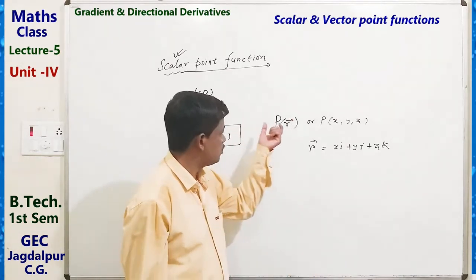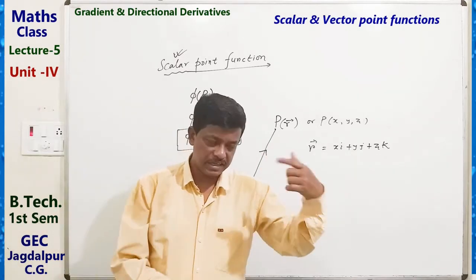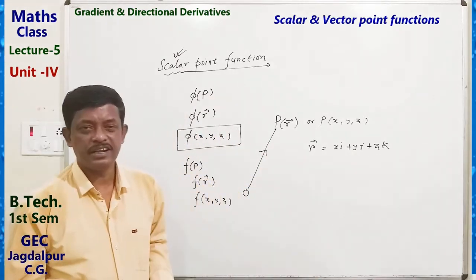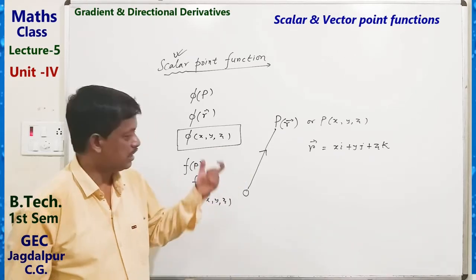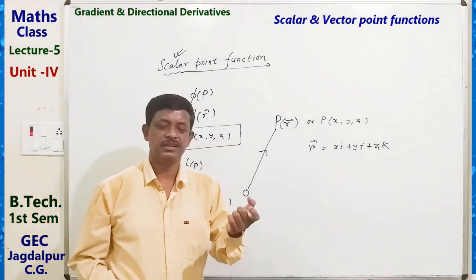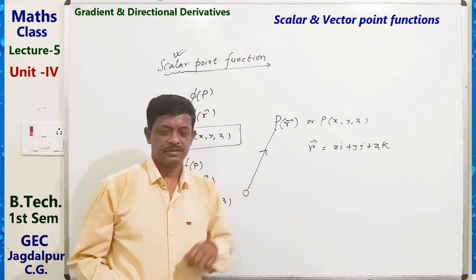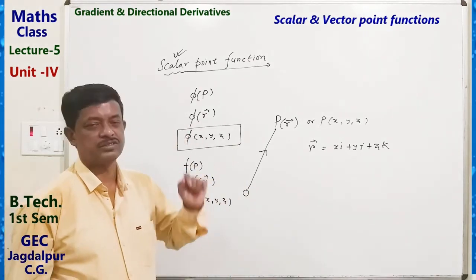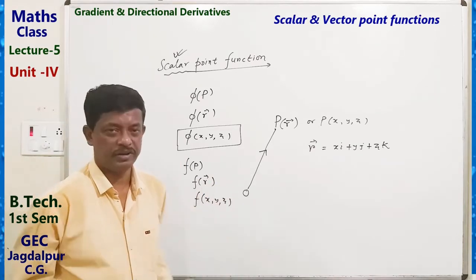If corresponding to each point of a region in a space we can get a unique vector quantity, then that is called a vector point function, because it depends on the point.